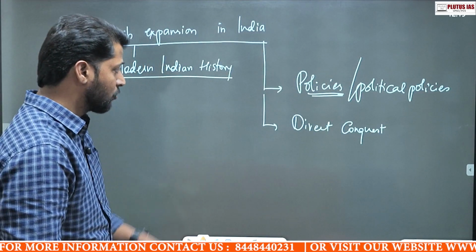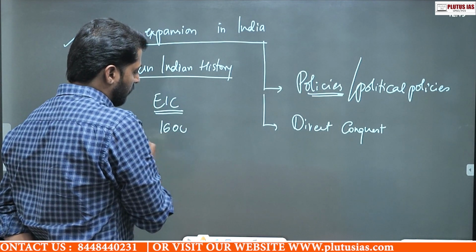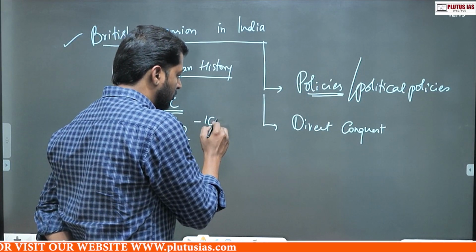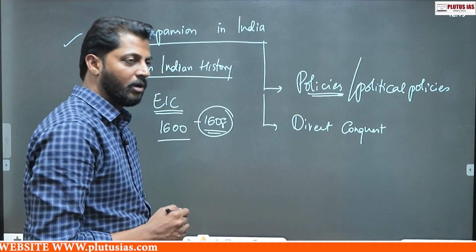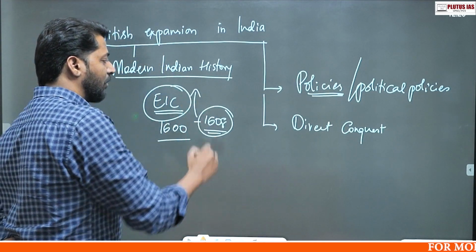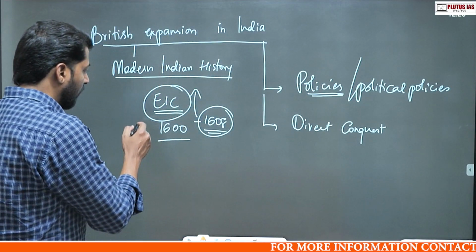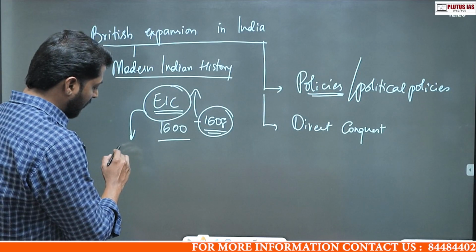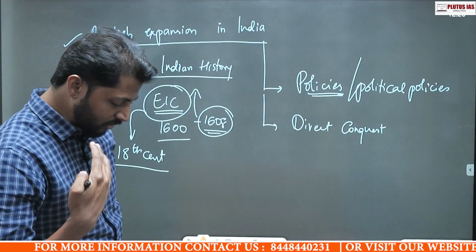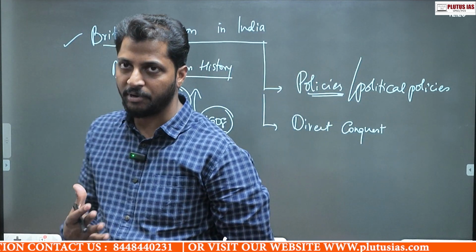As you know, the East India Company came to India in 1600, or they set up this corporation in 1600, and from 1608 they started to establish their settlements in India. Gradually the East India Company grew rapidly in India, and from the 18th century onwards, they began to annex many territories of India.